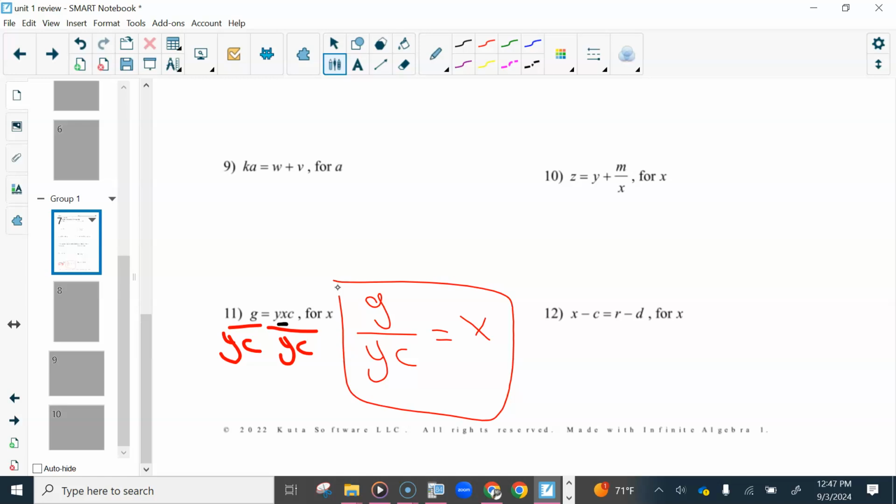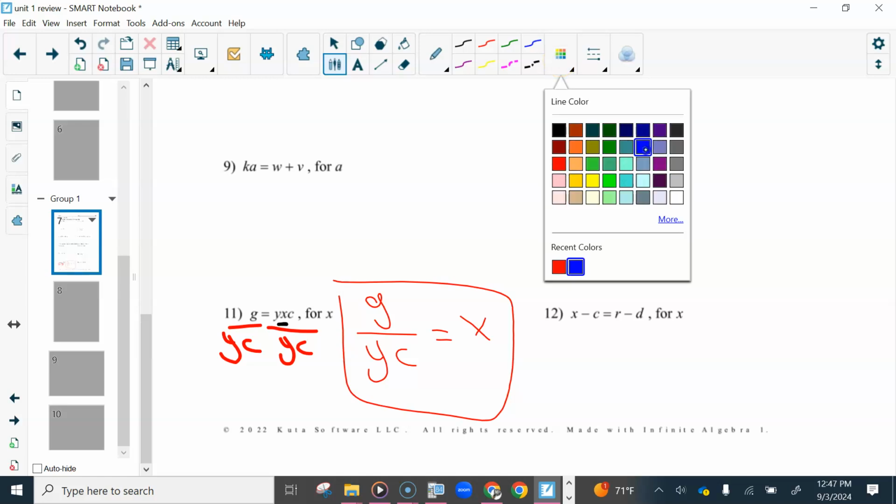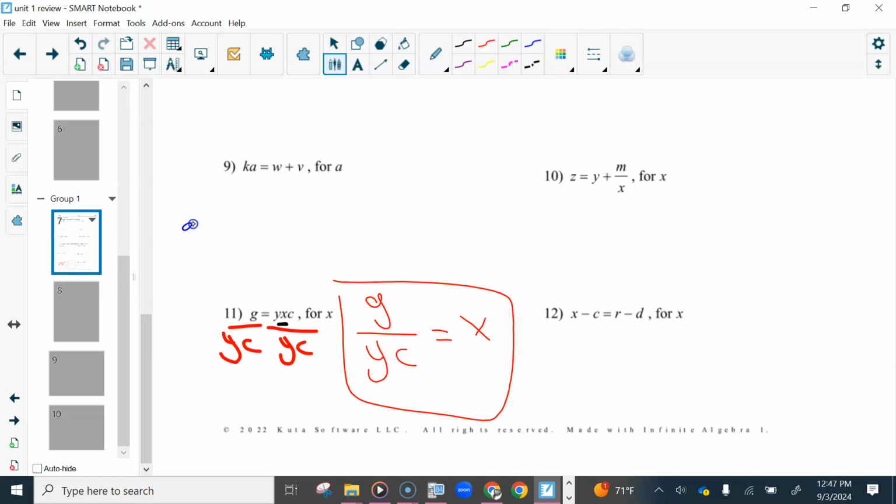If I wanted to double check myself, I could put this back into the original. So this is my answer. But if I took my original problem and where x is, put this answer in instead, the y is going to cancel, and the c is going to cancel to just leave g, which is a true statement.